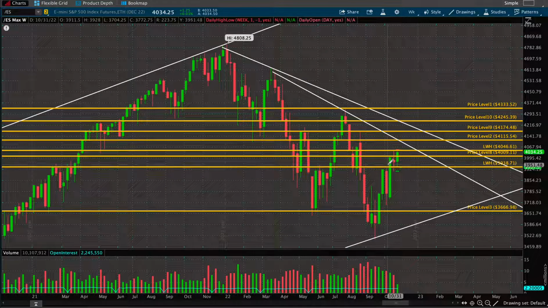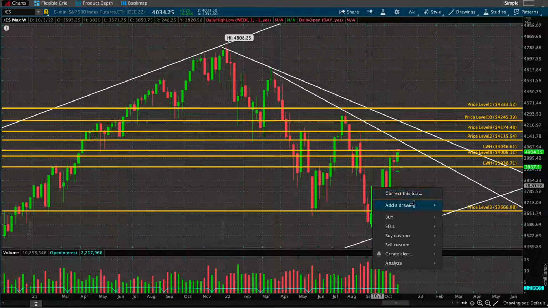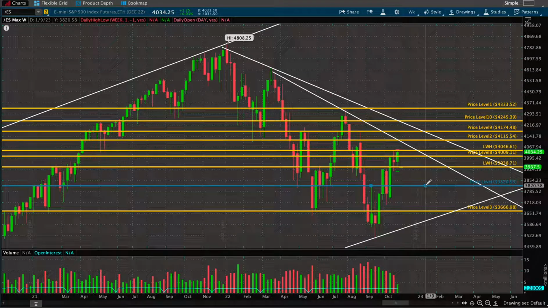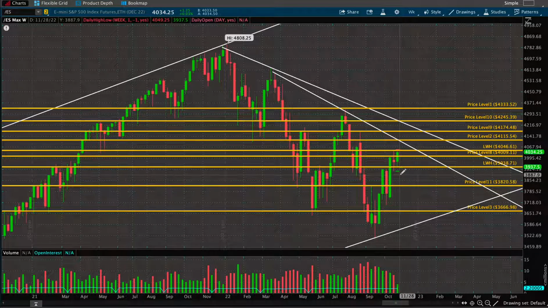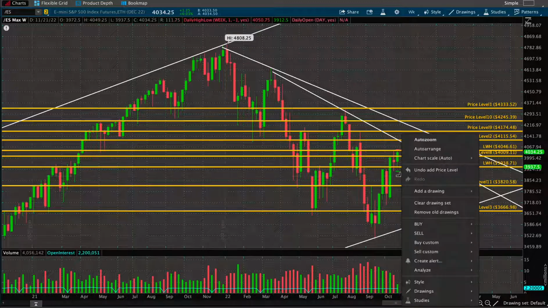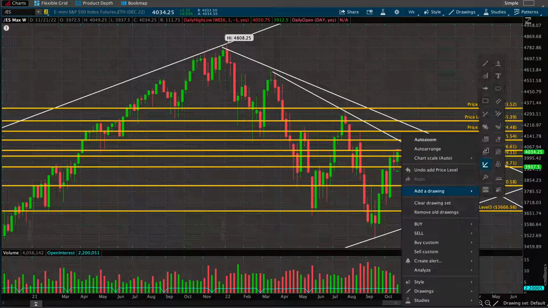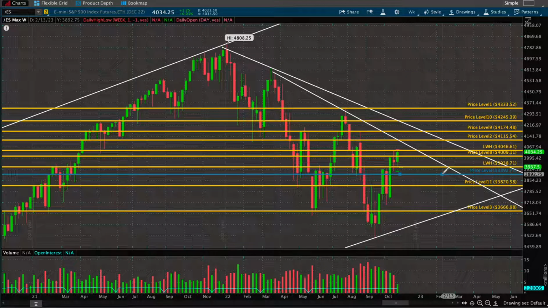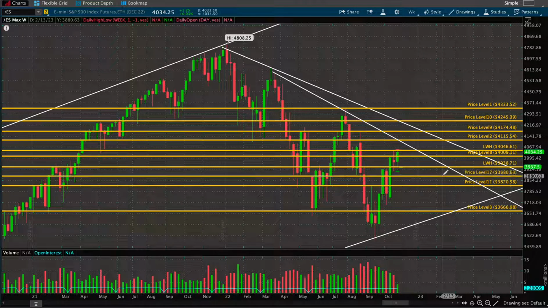And if we look further down, if we are going to break down, then we are testing these levels here, and there'd be one here somewhere.